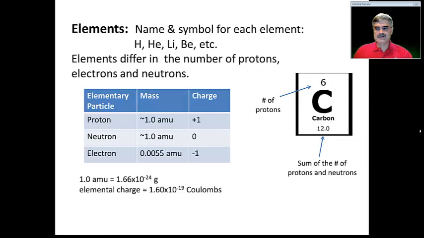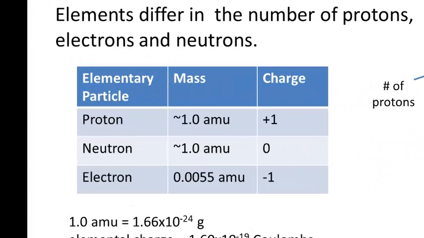Okay, so if you look at the table in this slide, it lists the 3 important elementary subatomic particles that we find in an atom. We have a proton, a neutron, and an electron. The second column gives the mass of each of these. A proton is assigned a relative mass of approximately 1 AMU.